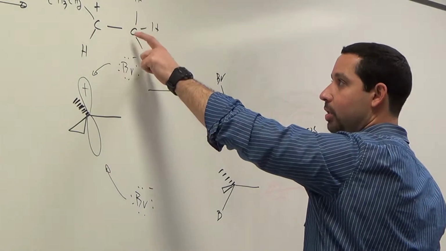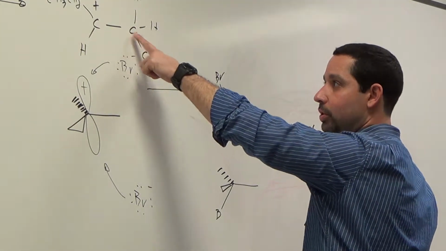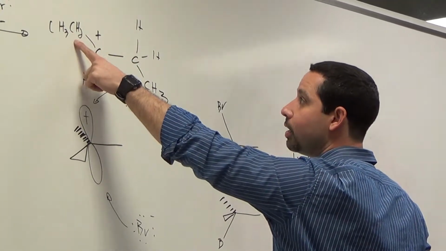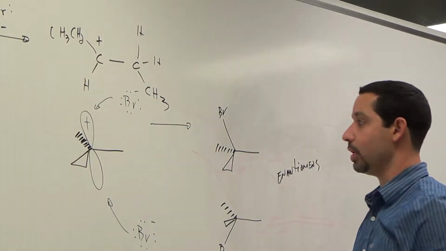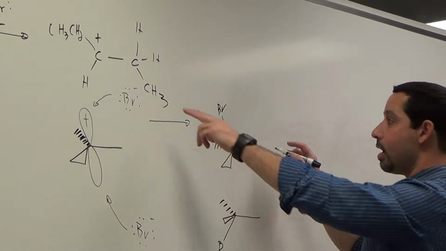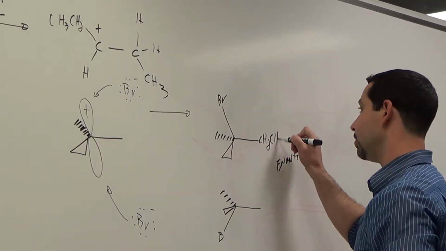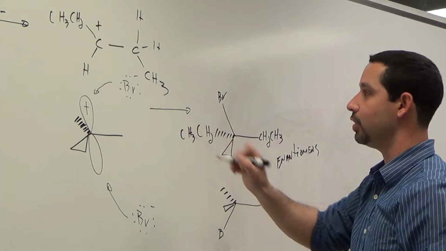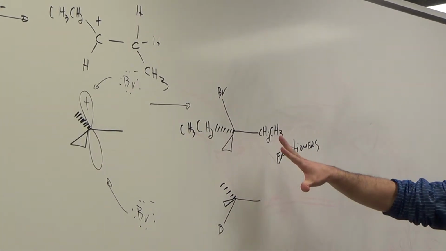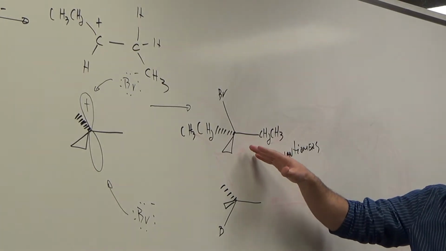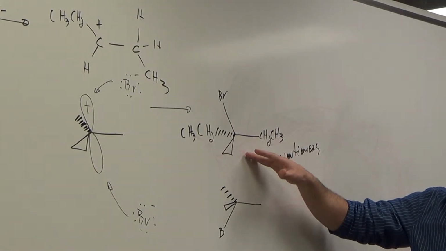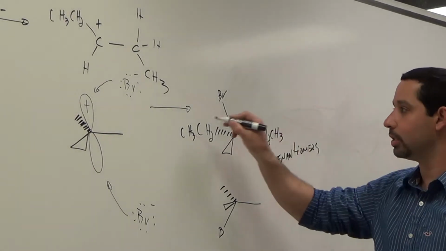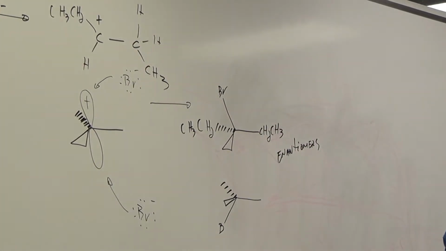So, for this reaction here, what do you have on this side? Nothing. On this side, you're going to have CH2, CH3, yes? And on this side here, CH2, CH3. Are these chiral to begin with? No. They're not chiral because it has two of the same groups, okay?